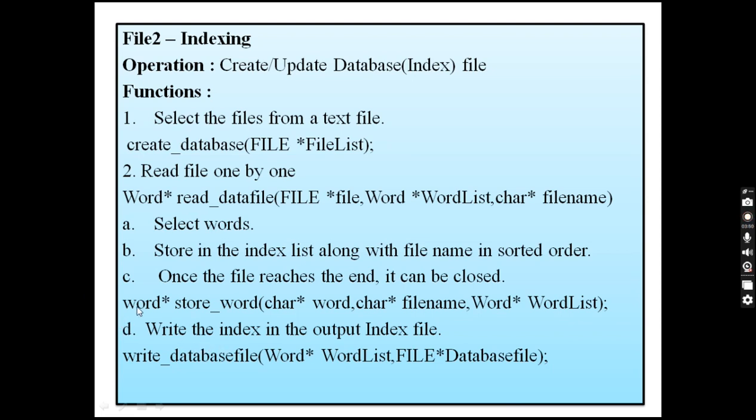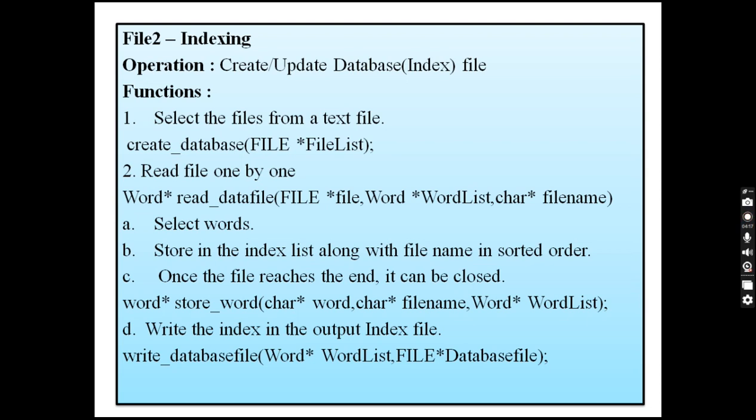So here the function store_word(char *file_name, word *word_list) should be used. Then next, write the index in the output index file. Here all the files are opened and read. Words are listed. Now this list is to be stored. For this, a new database file is created and opened in write mode.